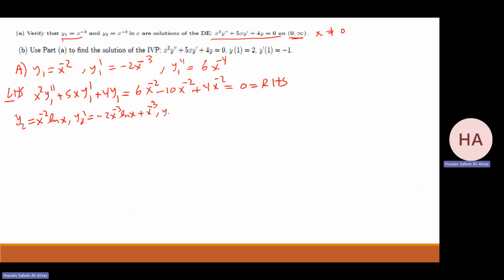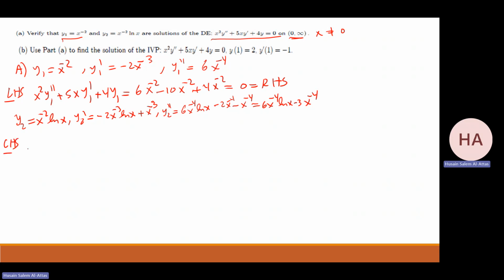Okay, y2 double prime will be what? 6x to the minus 4 ln x, minus 2x to the minus 3 times 1 over x. That will be minus 2x to the minus 4, minus x to the minus 4. So it will be 6x to the minus 4 ln x minus 3x to the minus 4.